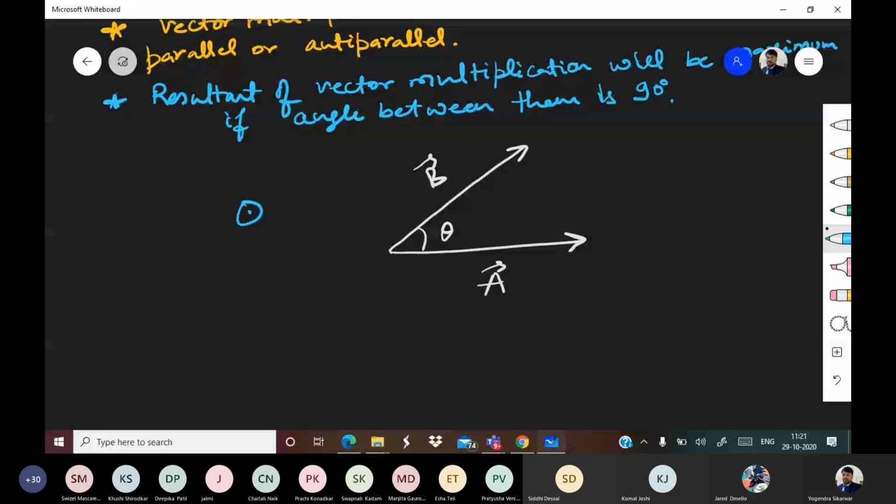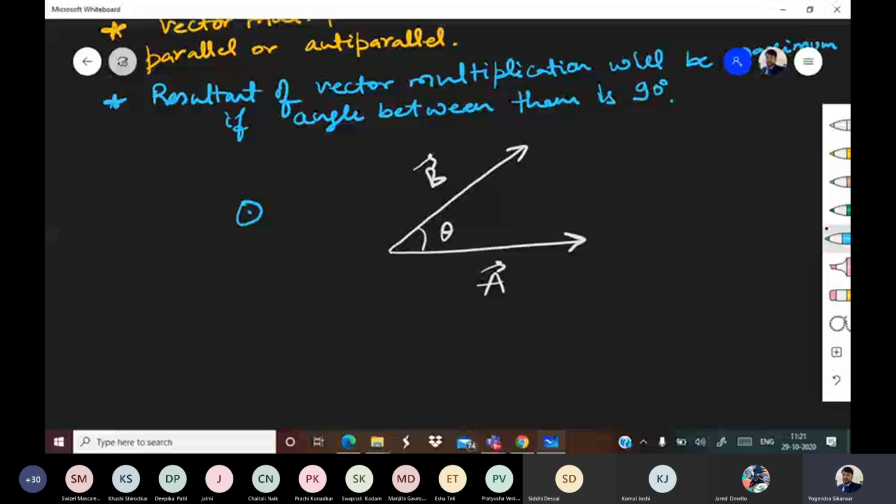When our fingers are curled from A to B, the thumb is pointing towards A cross B. So this is called the right hand thumb rule.